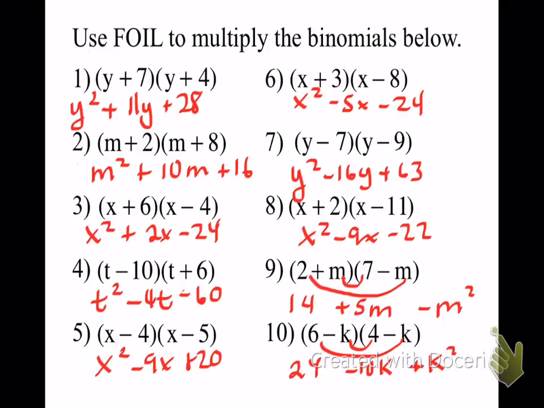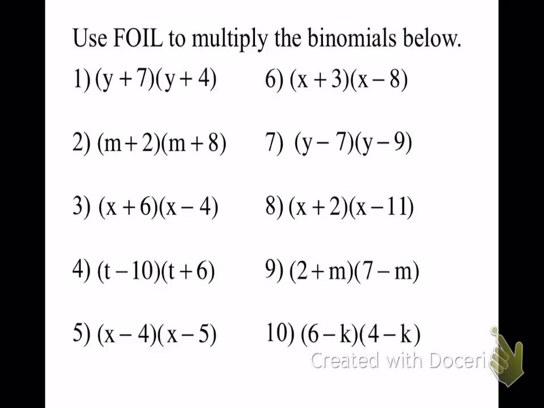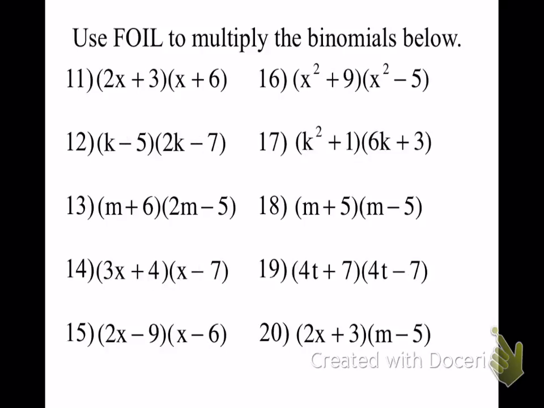All right, let's try some more. Now, just because I have a coefficient doesn't make things any different. When I have coefficients and things change up, I tend to just use the traditional double distributing method or FOIL. Same thing, remember?